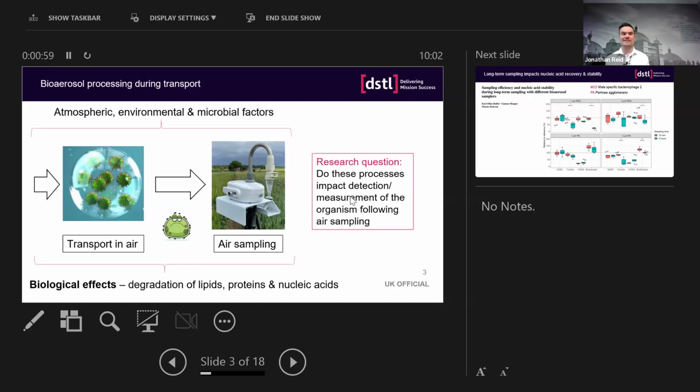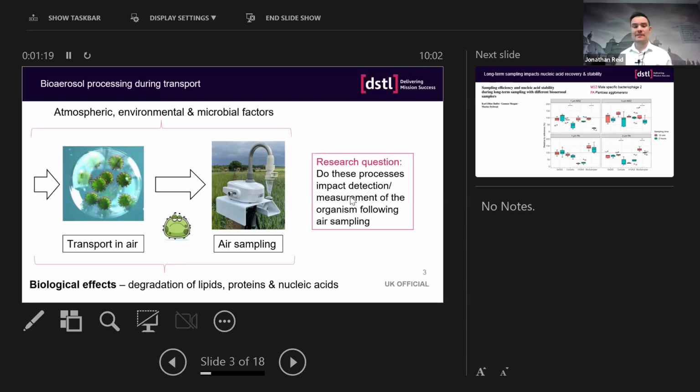And each of these factors are likely to have a biological effect on that microorganism. Those can include oxidation and degradation of lipids, proteins, and nucleic acids, which are all targets for detection of pathogens in the environment.